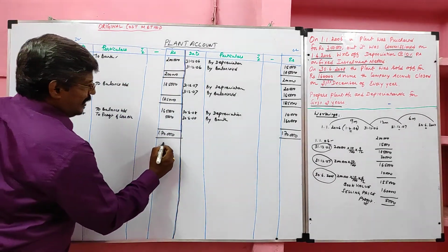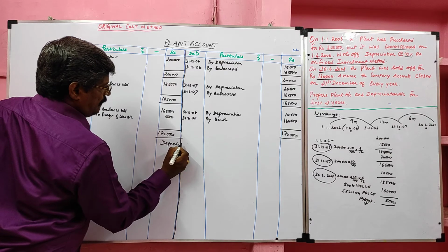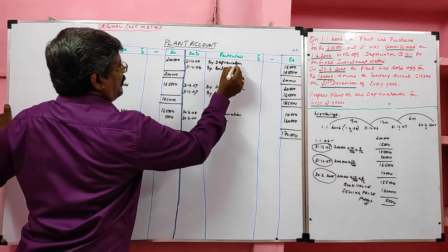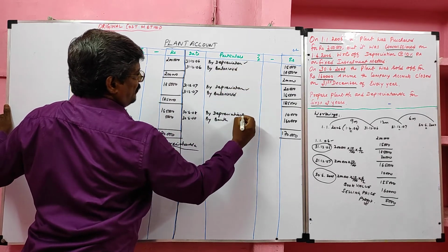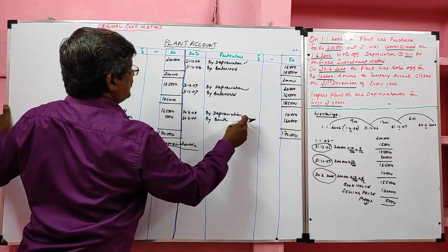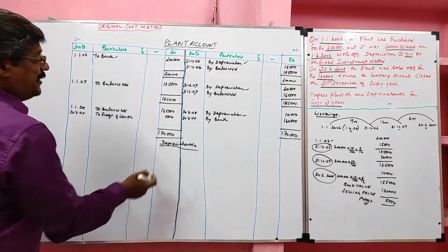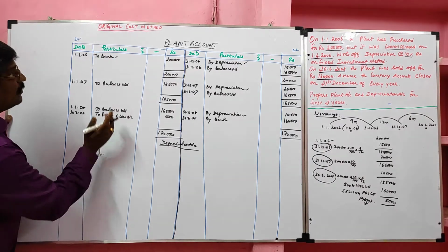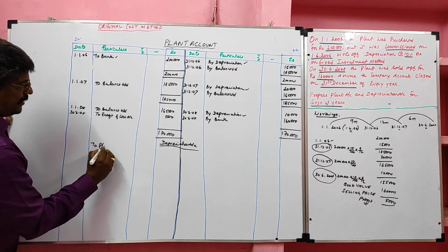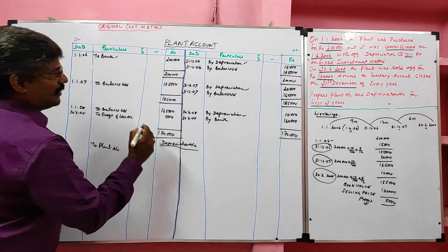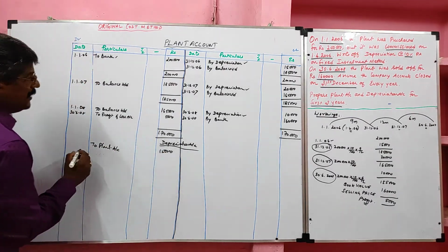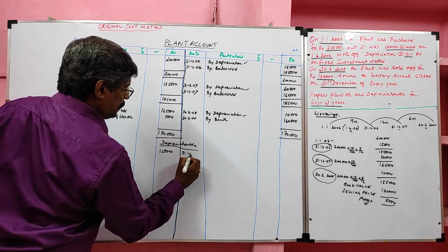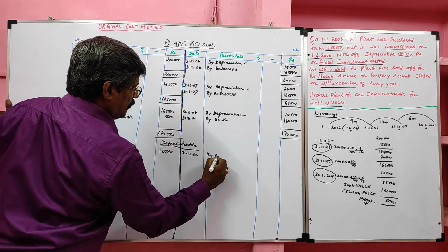Then we have to prepare depreciation account. Here depreciation is credited in the plant account in the first year. In the second year also depreciation is credited. Third year also depreciation is credited in the plant account. So in depreciation account, the fixed asset, plant account, is debited. Date 31st December 2006, it should be transferred to profit and loss account.